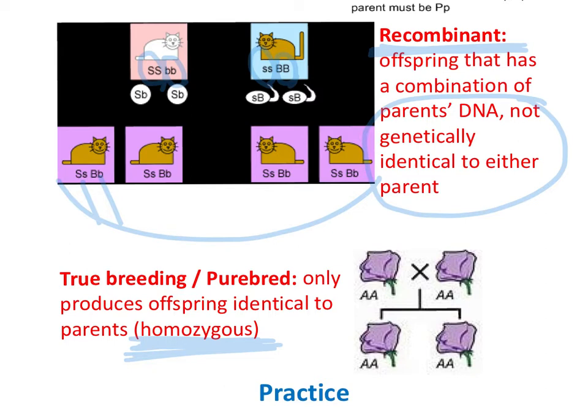But if they are true breeding, they have only one possible allele to pass on. Like this one has to pass on a big A, and this one has to pass on a little a. So a true breeding organism has only one piece of DNA it could pass on, and thus it is homozygous.